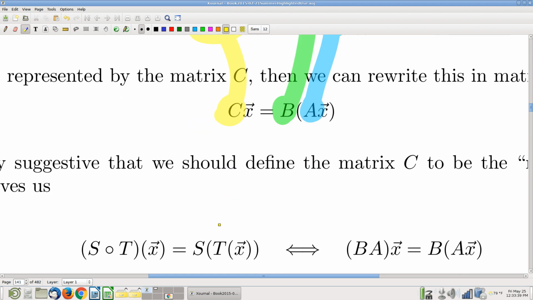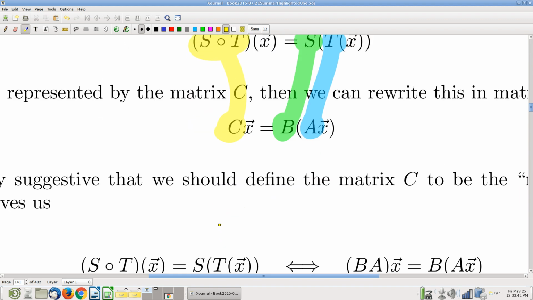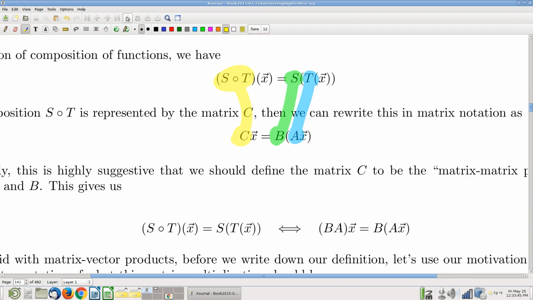But then let me scroll down to this observation here. Wouldn't we like for that to be true? I mean, look at the way we've written the right-hand side of this equation, B times A times x. Man, we would love to be able to say that that's equal to BA, the product of two matrices, times x.